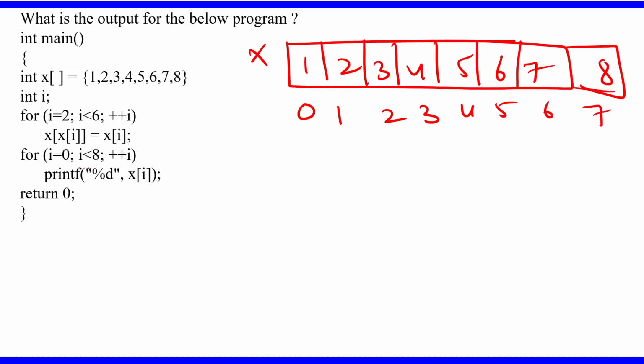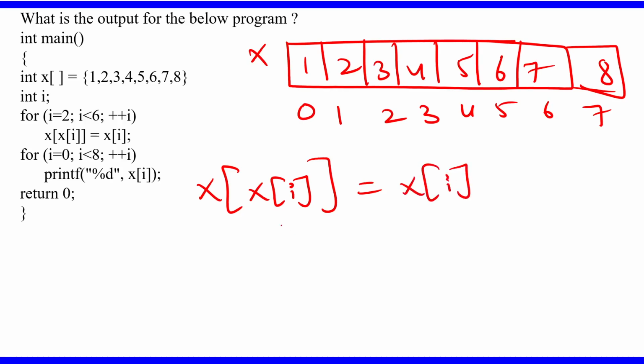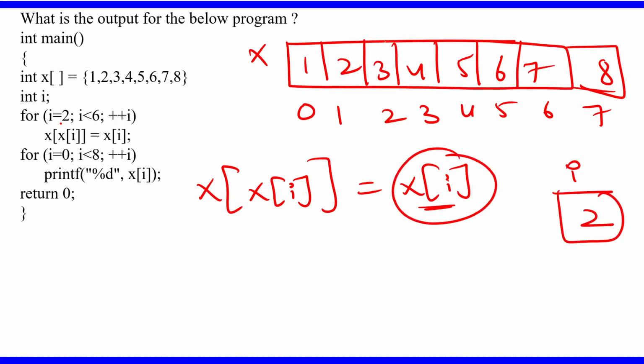Okay, you should be very careful while doing this, right? So see, I equal to 2, I am writing here x of I is equal to x of I. So I equal to 2, 2 less than 6, yes. What is x of 2 value? X of 2 means 3.